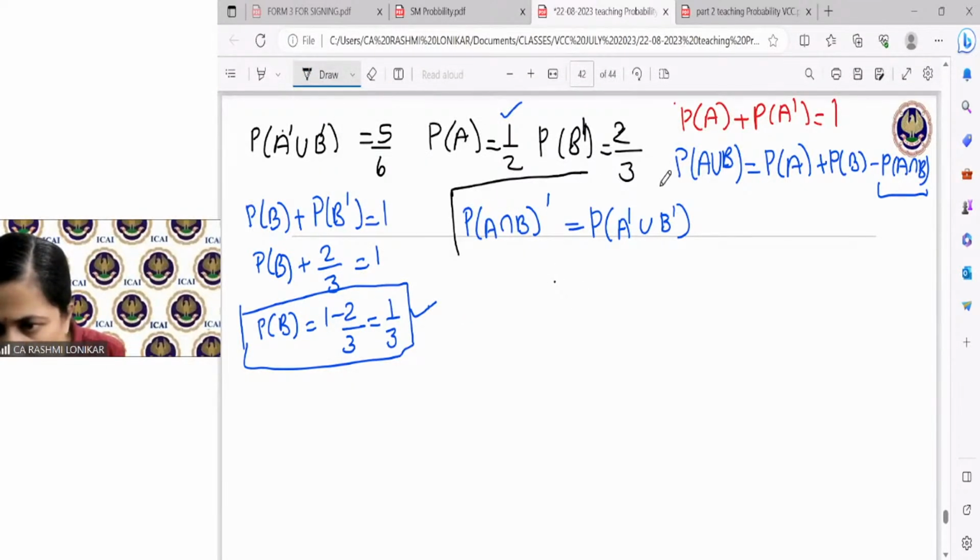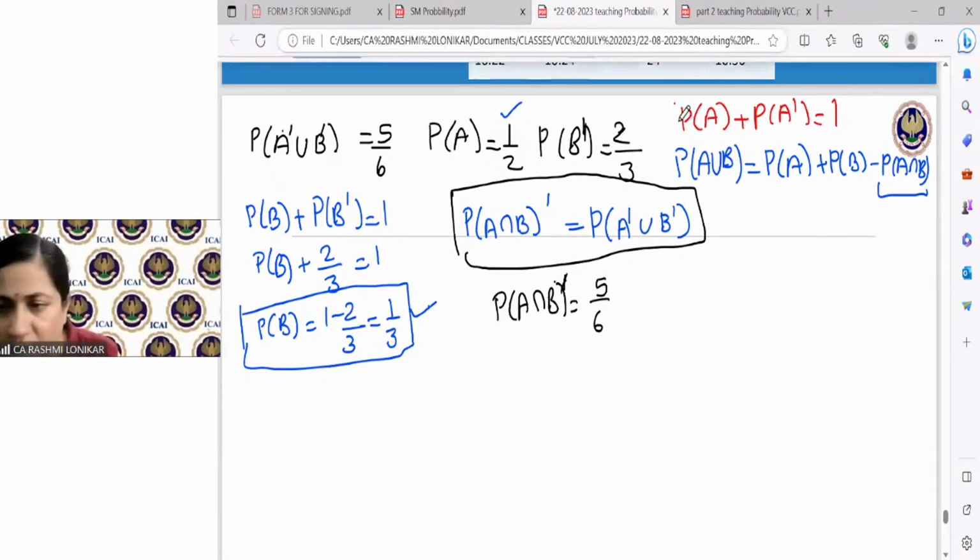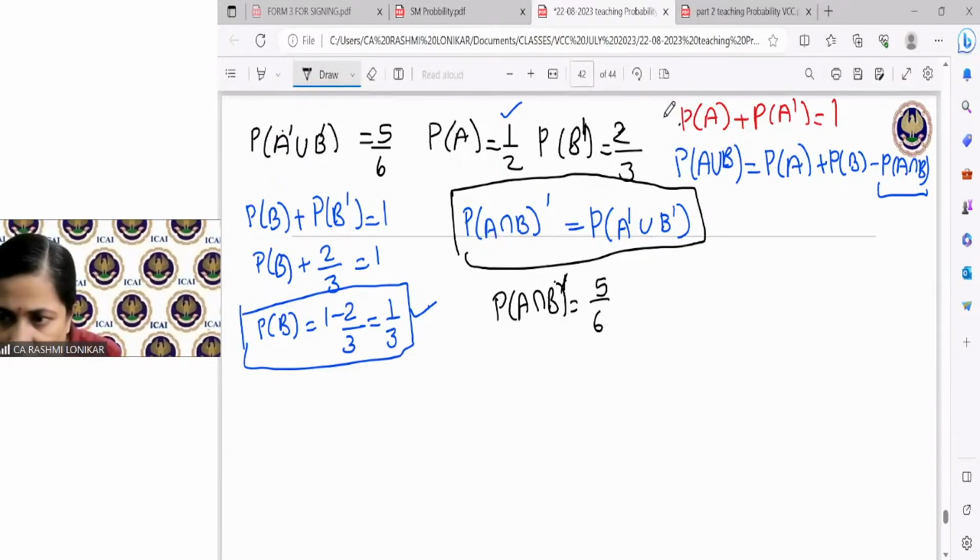Now, how much is A complement union B complement? 5 by 6. So P of A intersection B complement is equal to 5 by 6. Again, I use this.